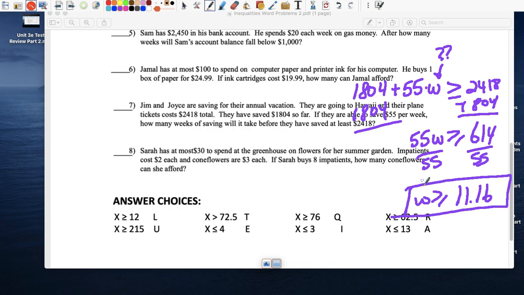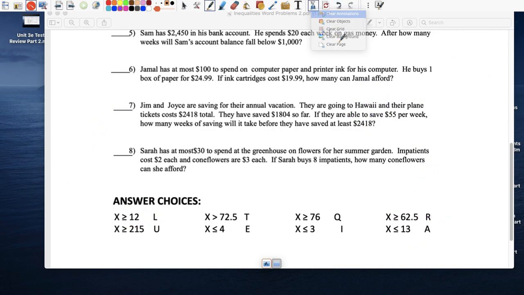So this one says they need to save for 11.16 weeks. What would that be? 11 weeks and 1 day, 11 weeks and 2 days? I really can't tell. So for this one, better off saying that they need to save for 12 weeks in order to reach 2,418. And that would be letter L.